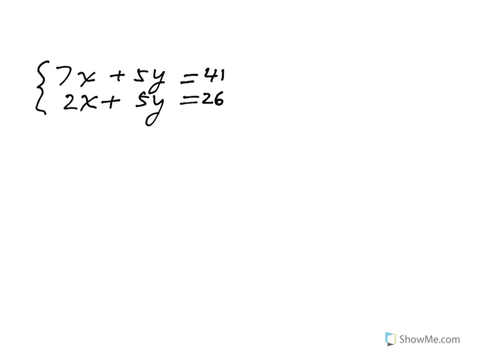Now, just like before, each of these equations individually has infinite pairs of x's and y's that make them true, but there's only one pair that makes them both true. And imagine this was stuff that costs money.